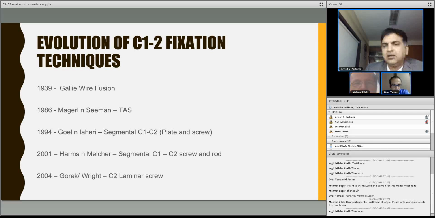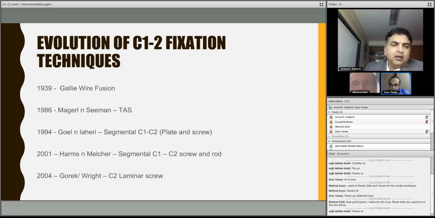In the 1980s, Magerl and Seemann described trans-articular screw fixation, which was a much stronger fixation compared to the midline wiring techniques. This generated a lot of interest in surgeons, and why not? Because if the Gallie fusion would give you a 40 to 50% fusion rate, this trans-articular screw would give a fusion rate of close to 100%.